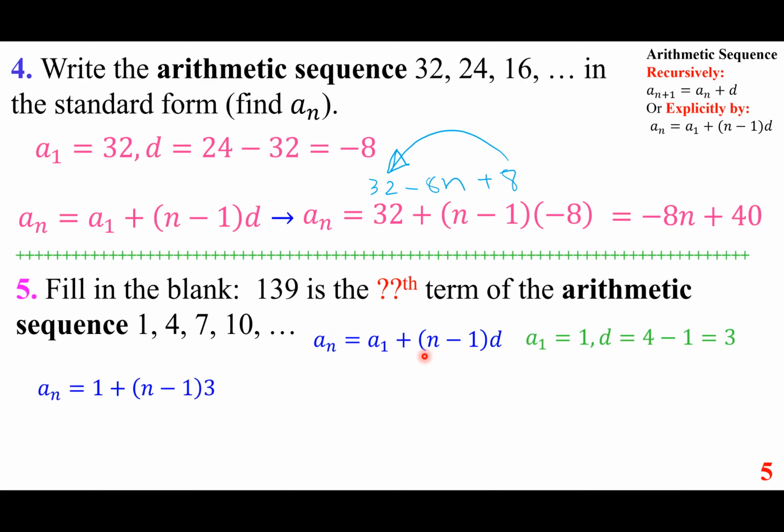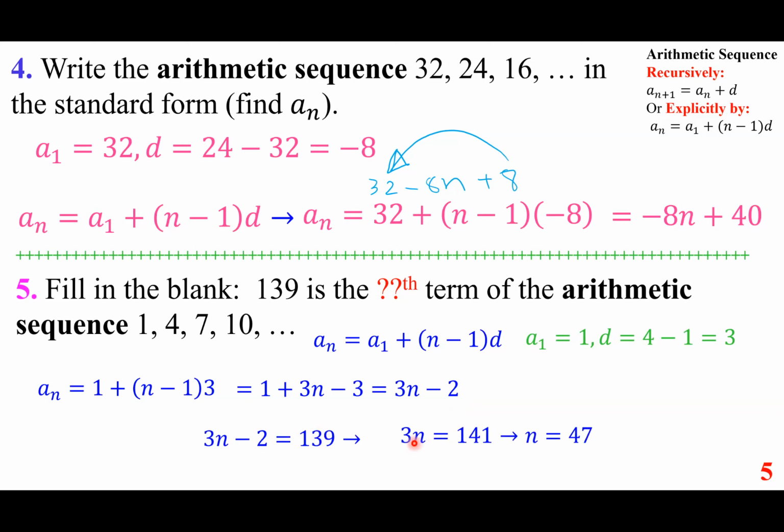This is 3n minus 3, and minus 3 and 1, they add up to minus 2. If we set this equal to 139, we can find n, which gives us the term we are interested in. We are going to move the 2, becomes positive 2, and 139 is 141 when you divide by 3.